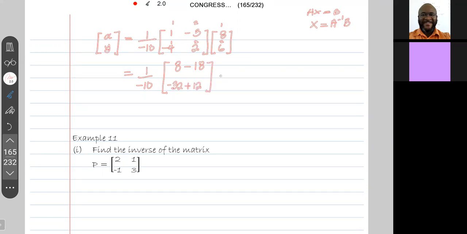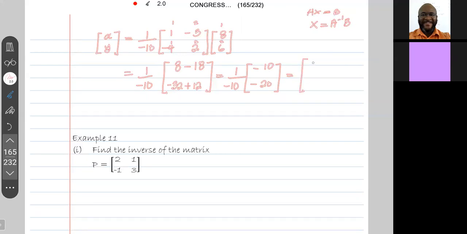So what I have now is 1 over minus 10 times minus 10 and minus 20. 8 minus 18 is minus 10. And minus 32 plus 12 is minus 20. So now multiplying by 1 over minus 10 is the same as saying divide by minus 10.